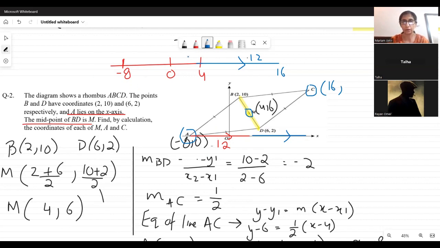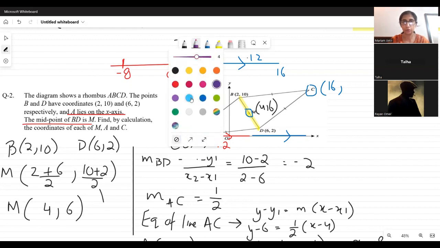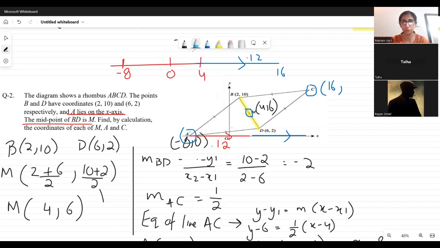Okay. And now let's see how many units up did we go when we're going from A to M. So how many units up have we gone? We started from 0. Y was 0 and now y is 6. 6. Yes, so 6 units up. So go another 6 units up.